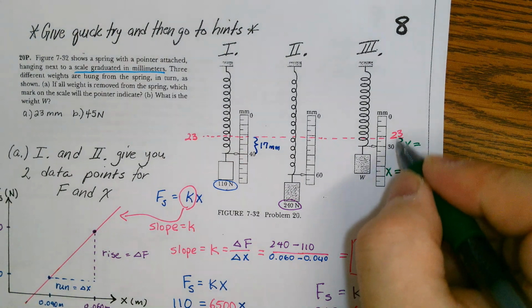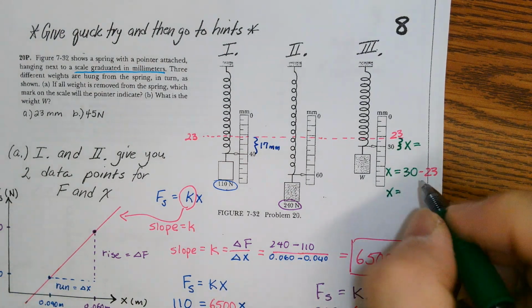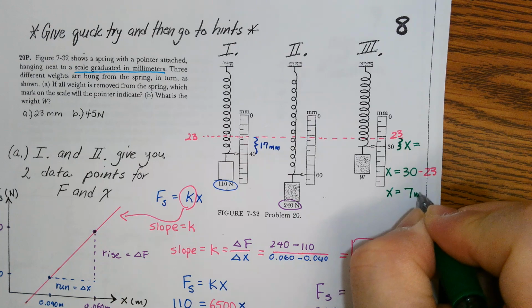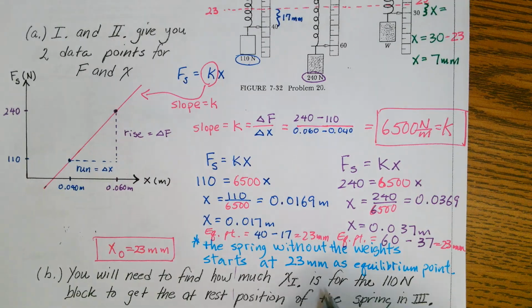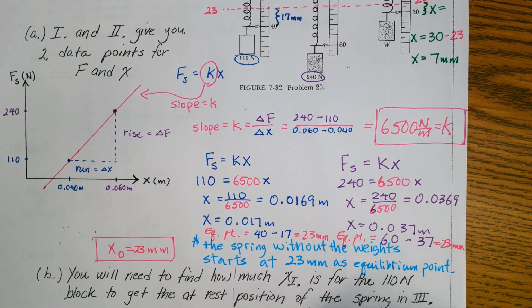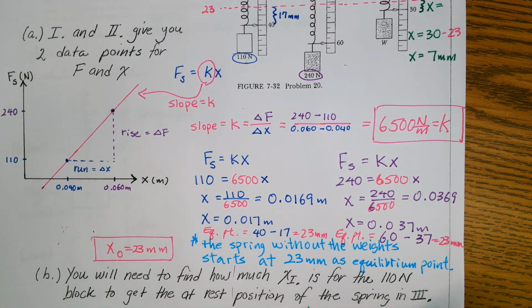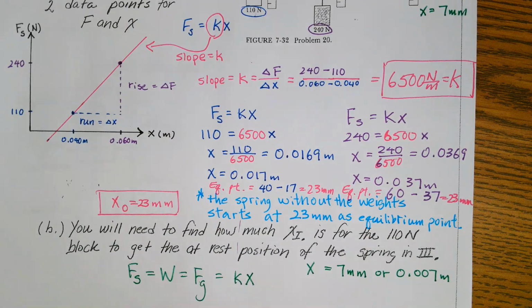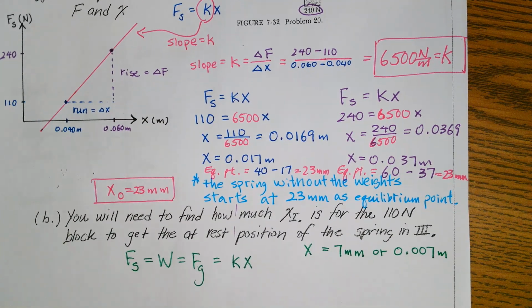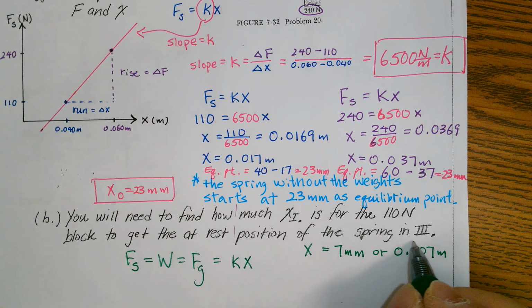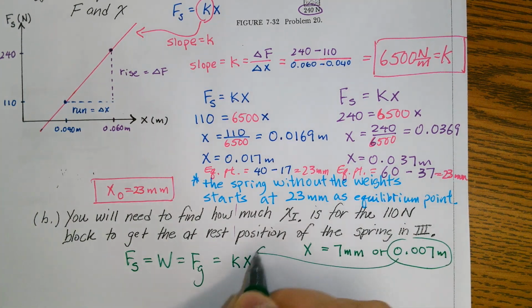So my X, the amount of stretch, happens to be 7 millimeters, or 0.007 meters. So that's what we're going to put in for my X.